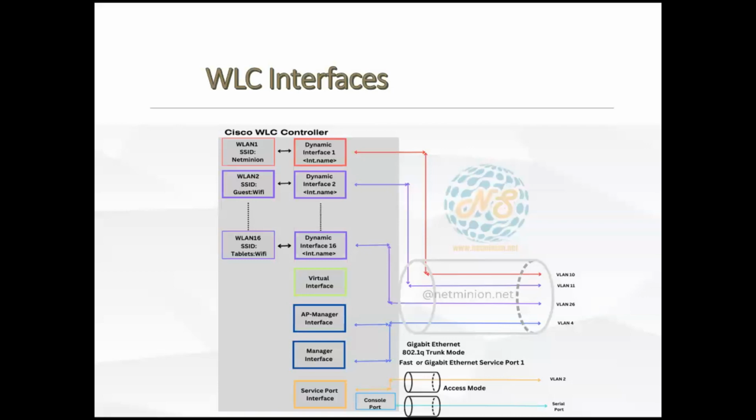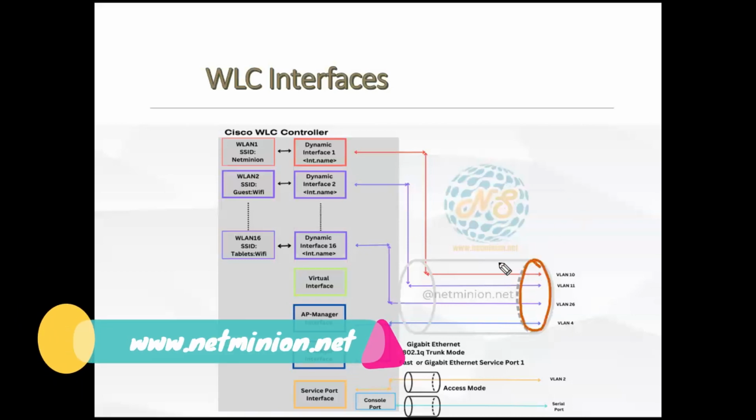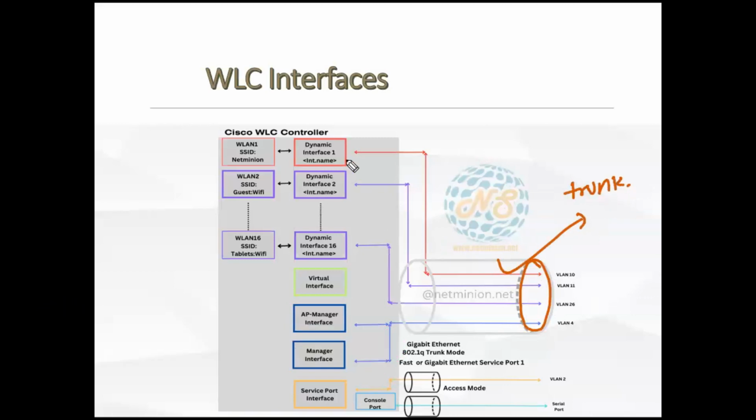Getting my point? And as I told you, this service port of your WLC will be a trunk, and you can understand why it should be a trunk. You understand now why the trunk is there?